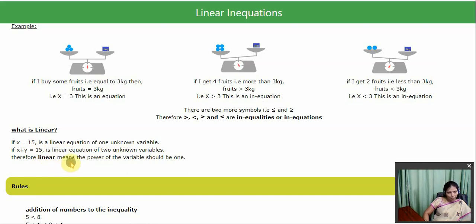So linear means the highest power of the variable should be 1. So what is the highest power of the variable? It is 1. If the highest power of the variable is 1, we say that as linear. So this is an example for linear equations. Right? I hope you understood now what is meant by linear and what is an inequation.